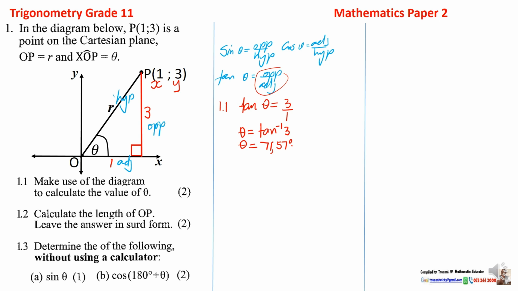Then number 1.2, I need to know that if you are given two sides in a right-angled triangle, then you can apply the theorem of Pythagoras to calculate the third one.